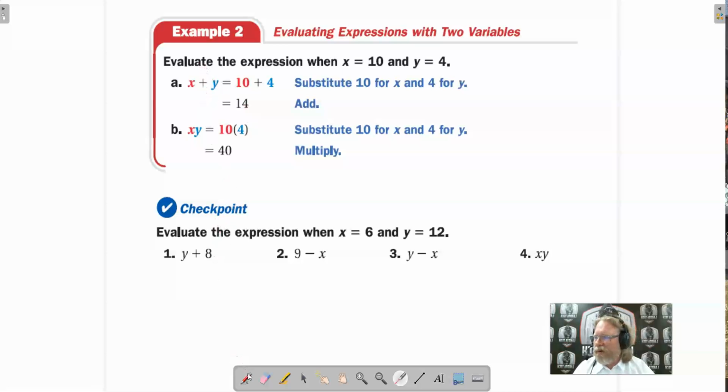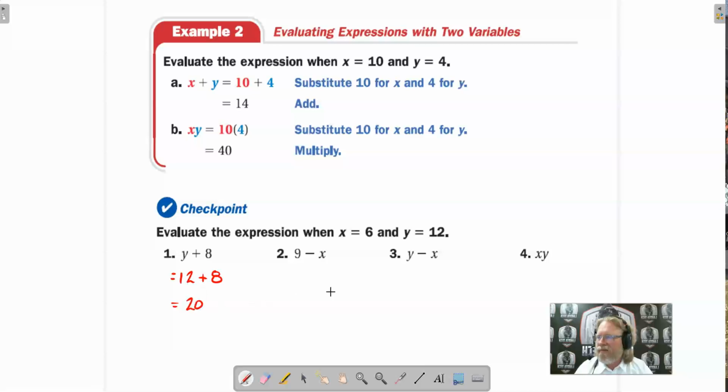So in our checkpoint here, we could do a couple of these. They say y is 12. So in this case, I would just do 12 plus 8. I'm simply substituting in the value of y, which is 12, for the y there. I like to work downward, and put an equal sign there, but 12 plus 8 is 20.